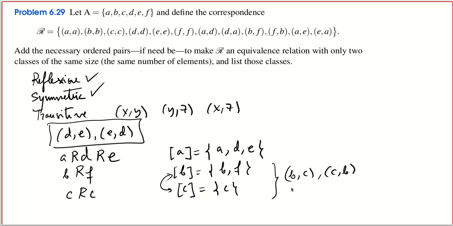And you also have to include FC and CF. And if we do that, then these 2 classes merge, and now there's a single class B containing the elements F, B, and C. Or if you prefer in order, B, C, and F. Okay? So that's the answer to this problem.